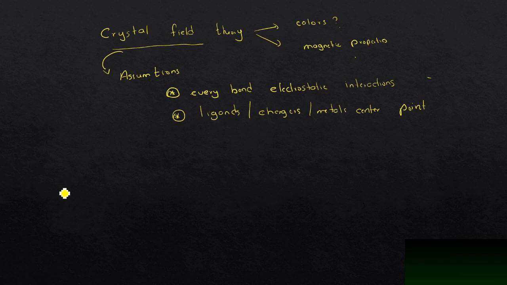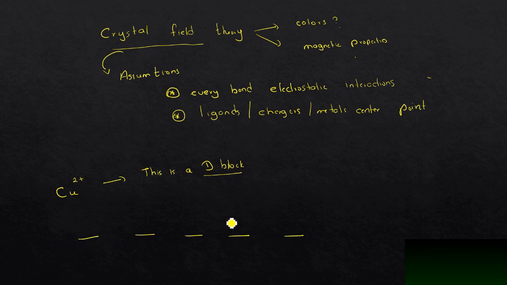If we have a complex with a metal center like copper 2 plus, this copper is a d block element. Why do we say d block element? Because it contains d orbitals. There are a total of 5 d orbitals.